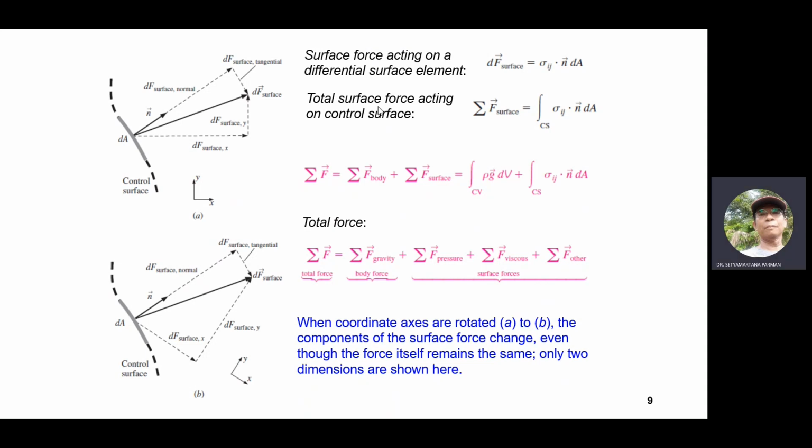And then the total surface force acting on the control surface is the summation of all surface forces. So we can make the integration over the whole surface, becoming the integral over the control surface of sigma ij dot n multiplied by dA.